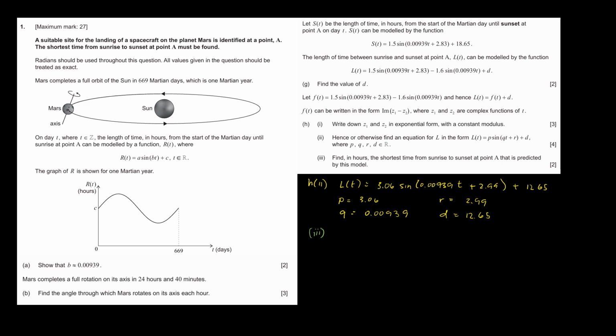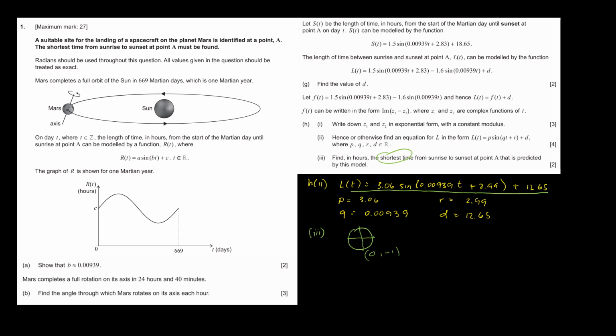For part 3, find in hours the shortest time from sunrise to sunset at point A that is predicted by this model. Your model is this one. The shortest is the minimum. In a unit circle, the minimum for sine appears when you have here at 0, negative 1, right?